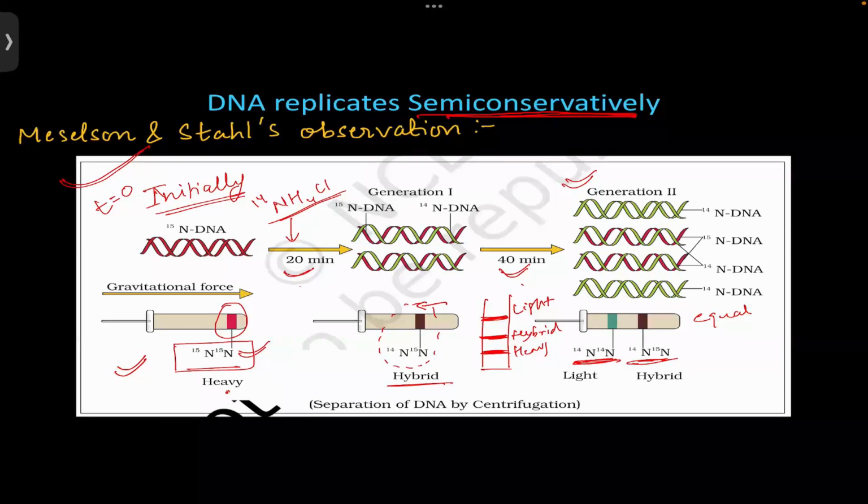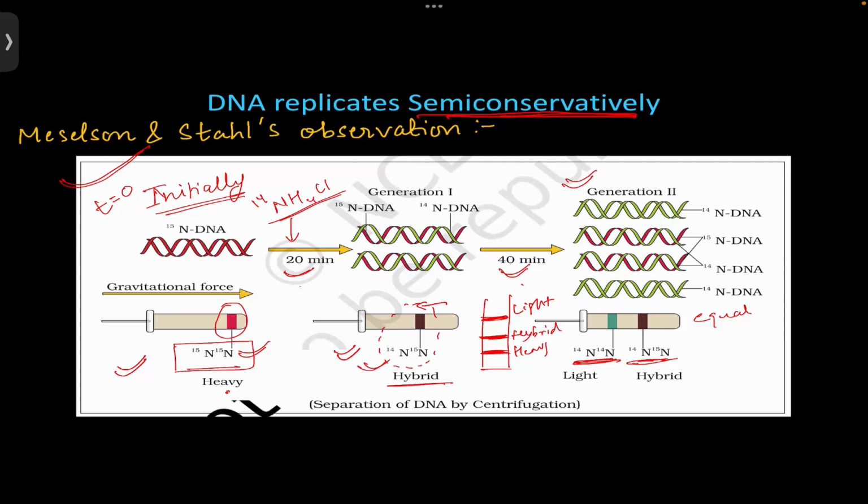After 20 minutes, the newly synthesized DNA molecule will contain the N14 isotope. Since the DNA is replicating in a semi-conservative manner, the newly formed DNA molecule will contain both the original strand as well as the new one.